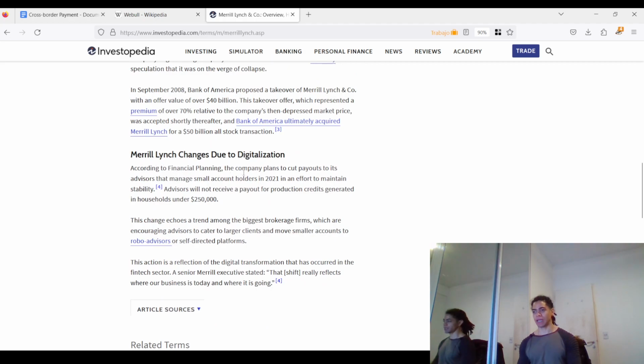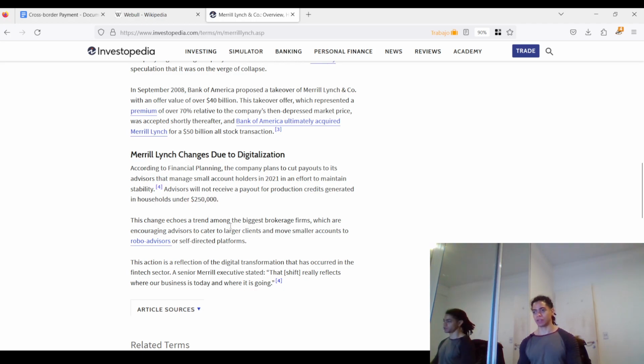According to Financial Planning, the company plans to cut off payouts to its advisors who manage small account holders in 2021 in an effort to maintain stability. Advisors will not receive a payout for production credit generated in households under 250,000.